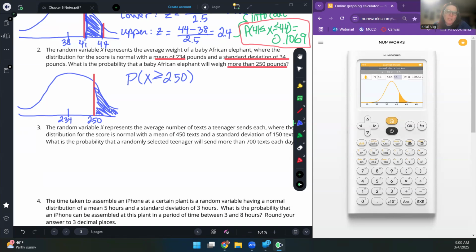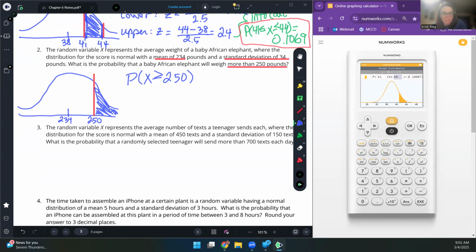As we saw in chapter 4, when we were doing the binomial distribution, if it said more than 250, we would have to rewrite the inequality because we didn't want to include 250. But here, because we're finding area as opposed to that linear value that we were finding in chapter 4, we can include it. So it's fine to write it exactly like this.